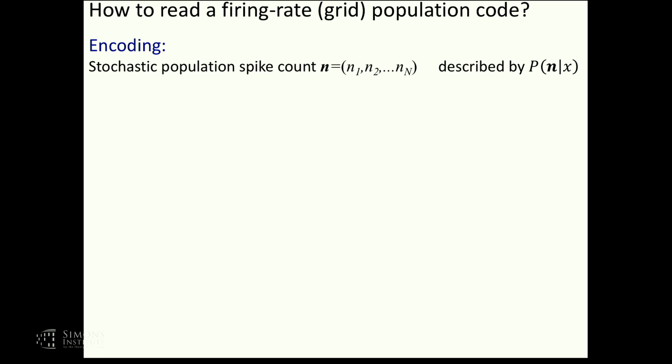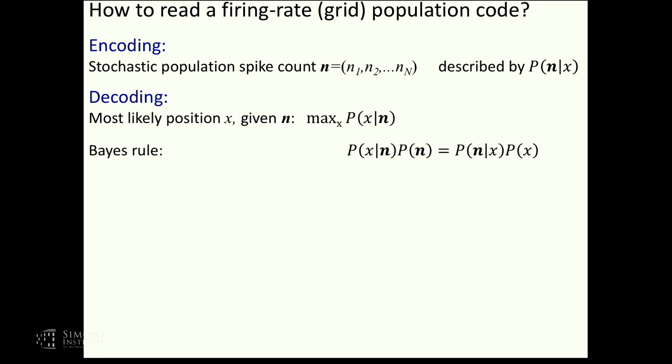That would be our encoding model, and the decoding would mean that the animal, or we as people analyzing the data, are asking what is the most likely position x given the spike count vector at that particular point.